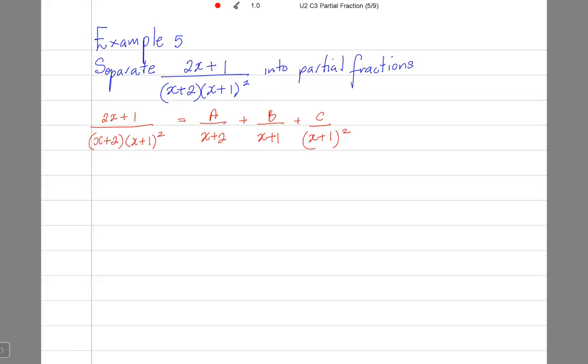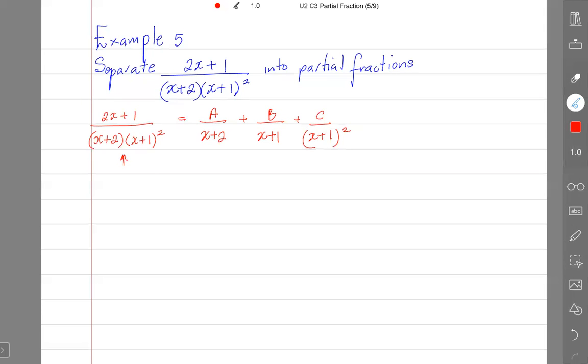All right, so I'm going to get rid of the fractions by multiplying the entire equation by the denominator on the left-hand side.